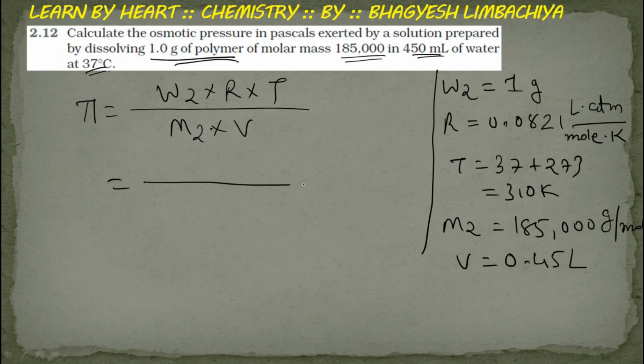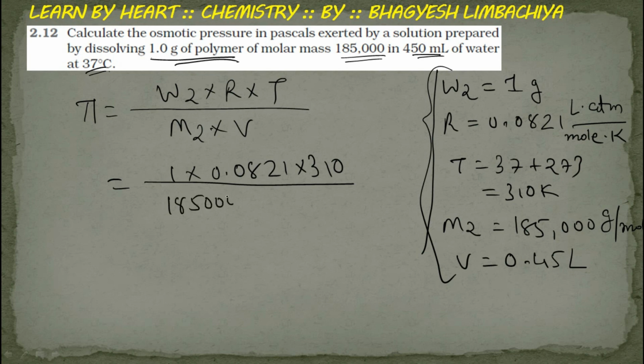So all the terms are in the desired unit. So W2 1 gram, 0.0821, 310, 185,000, 0.45, and so by calculation we are getting 0.000306.